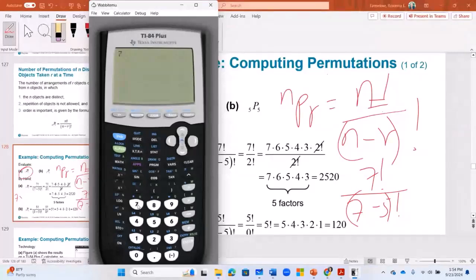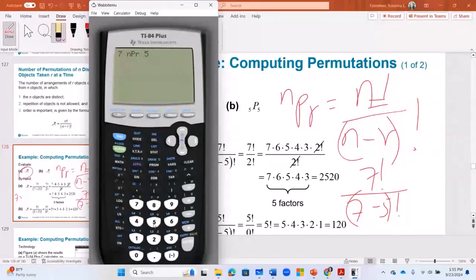So I enter 7, go to math, arrow to PRB. Permutation is number 2. And then 5. So now I have 7 permutation 5 on my calculator. I hope you see why I'm doing this today, so that you have practice with permutation.